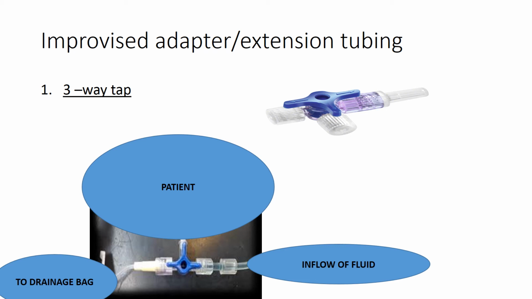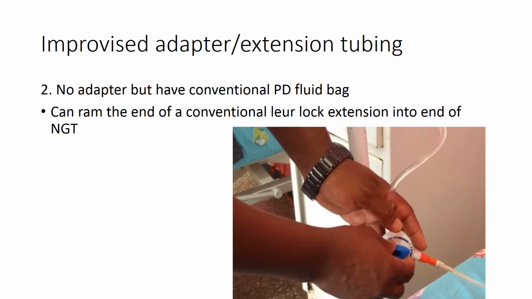The second way is what we do sometimes on the unit when we have conventional peritoneal dialysis fluids. Here you can see the orange tip there. That's a size 16 nasogastric tube, and you just force it onto the conventional Fresenius fluid bag for CAPD.